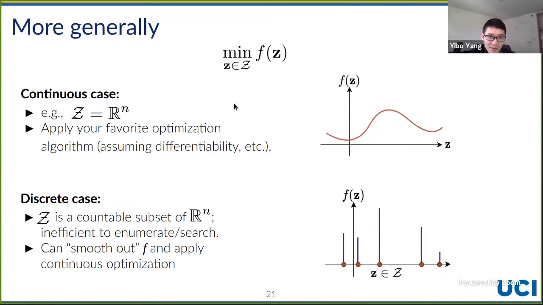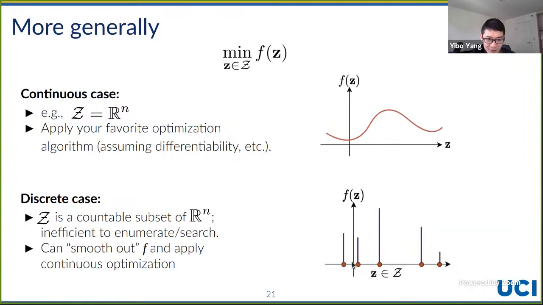And if we think about the continuous case, if f is some function and Z is just R^n, then you can just apply your favorite algorithm, say gradient descent, and come up with some value Z for the optimization problem. But in the discrete case, we can't really do gradient descent on this function because we have a discrete domain.